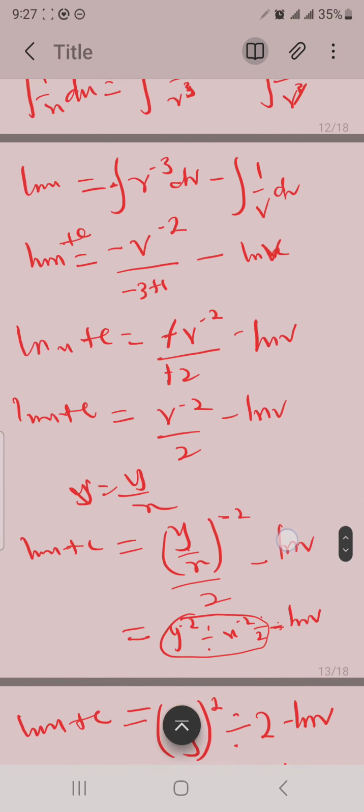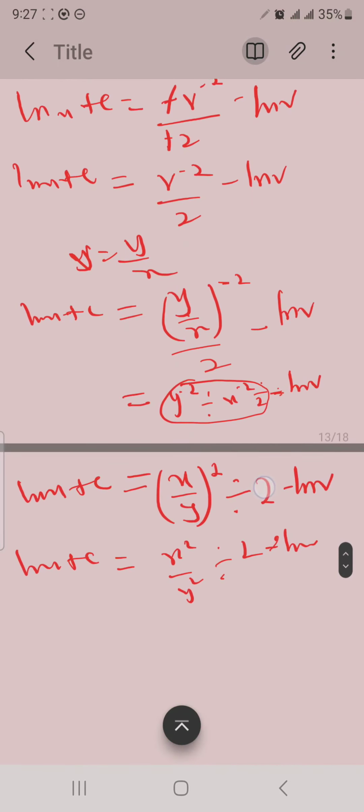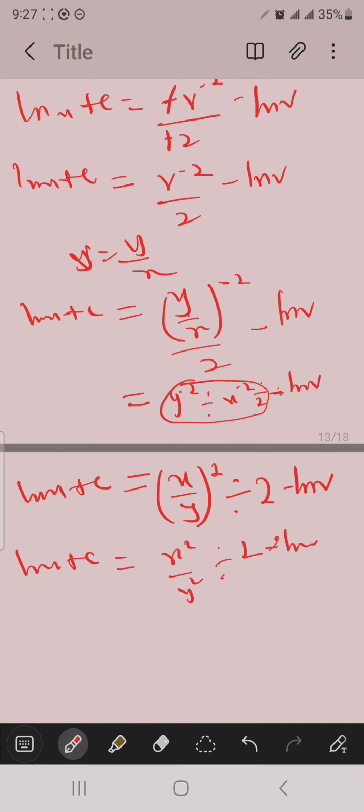This ln v, I'm supposed to bring it here. I've made another mistake, I'm sorry. Wherever I see v, I should be putting y over x.